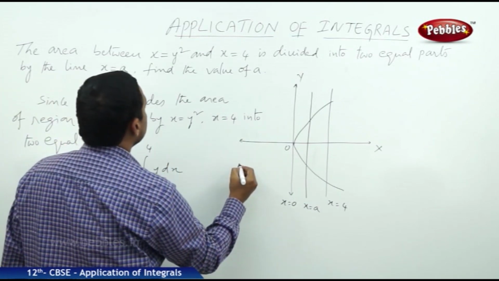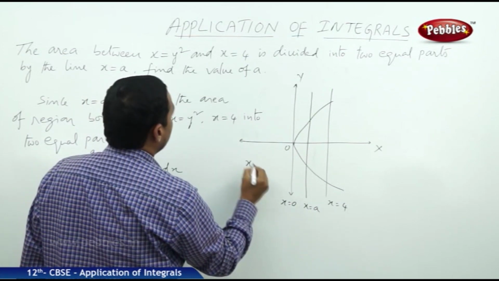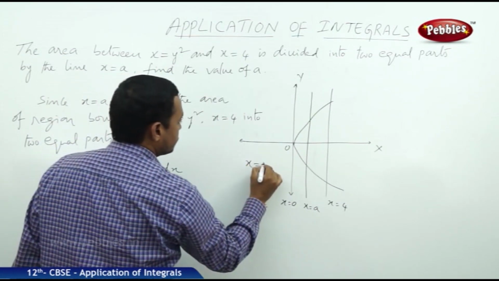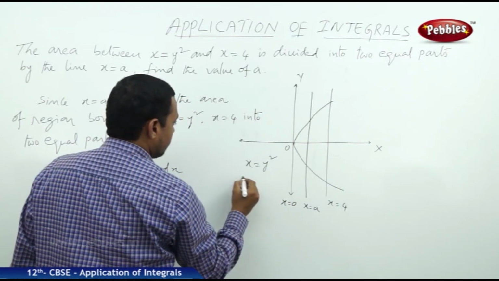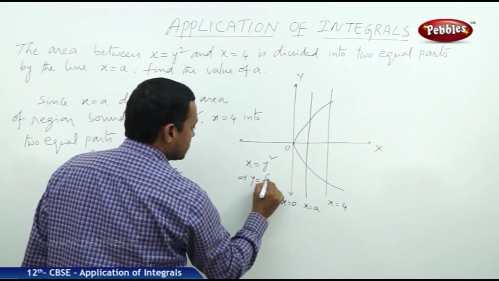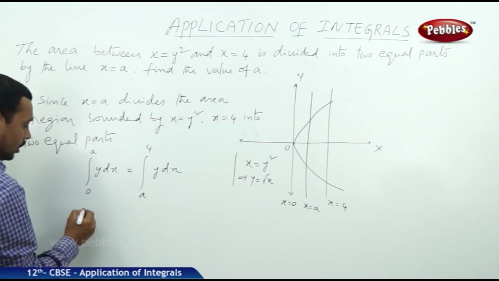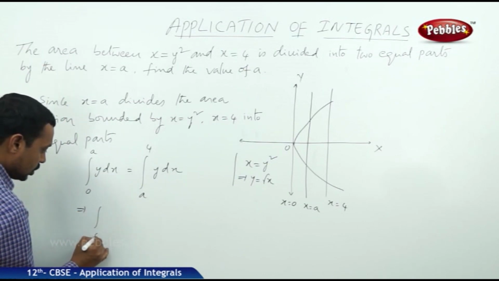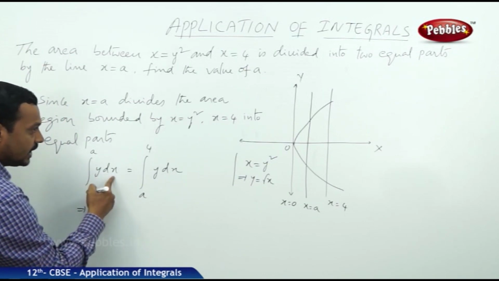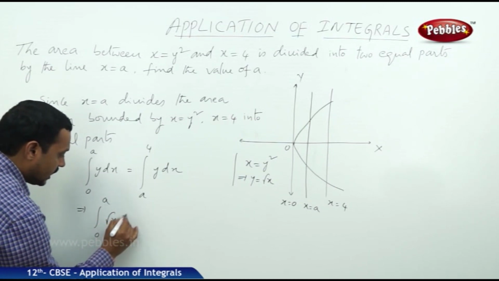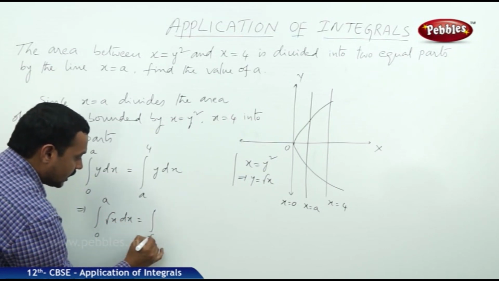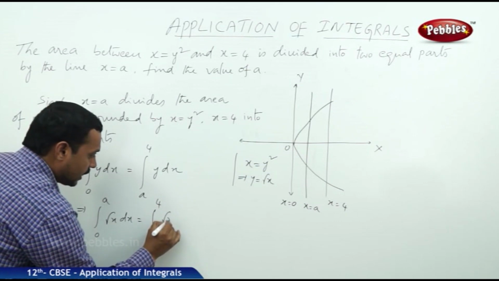But here the curve is given that x is equal to y square. From this y is equal to root x. Now therefore integral 0 to a y dx, that means root x dx, is equal to integral a to 4 root x dx.